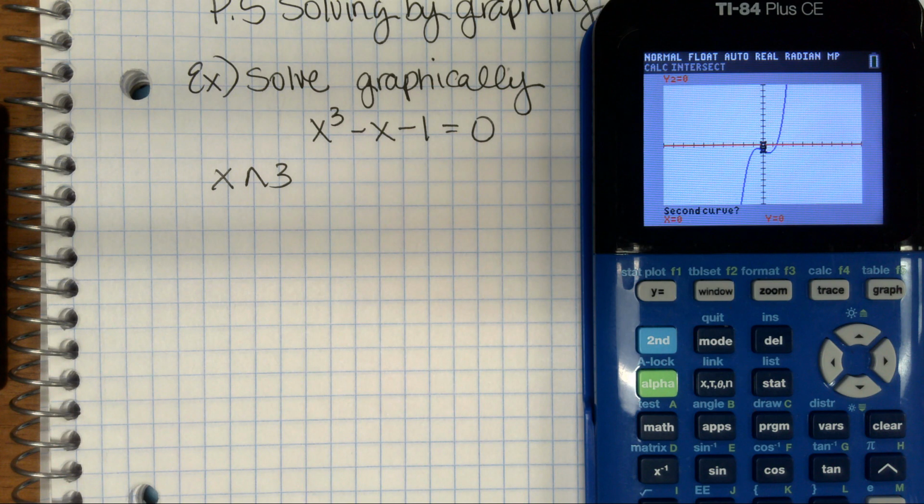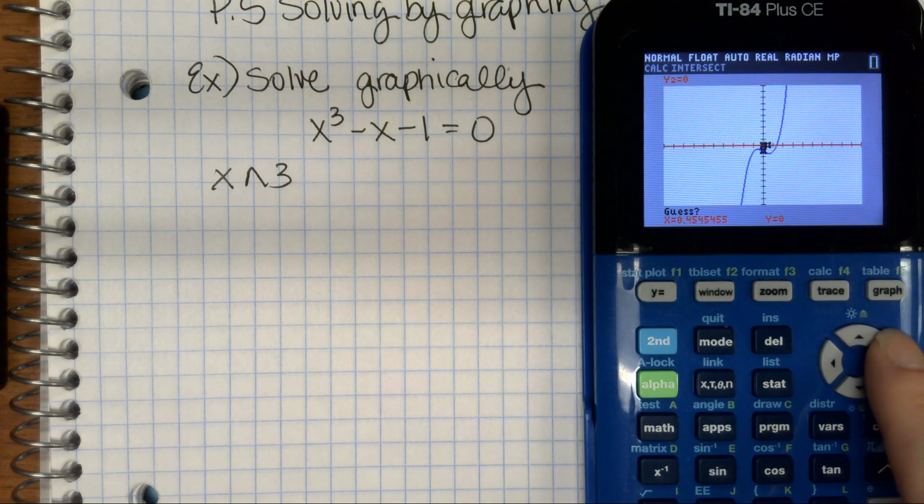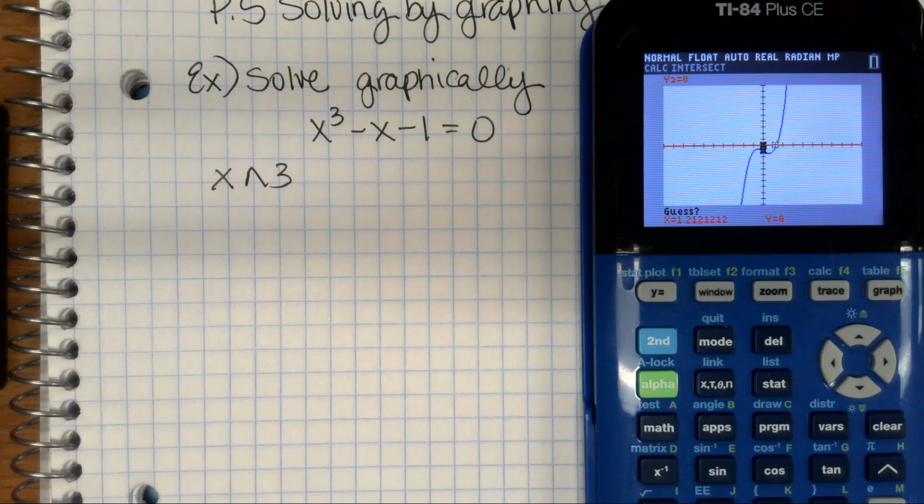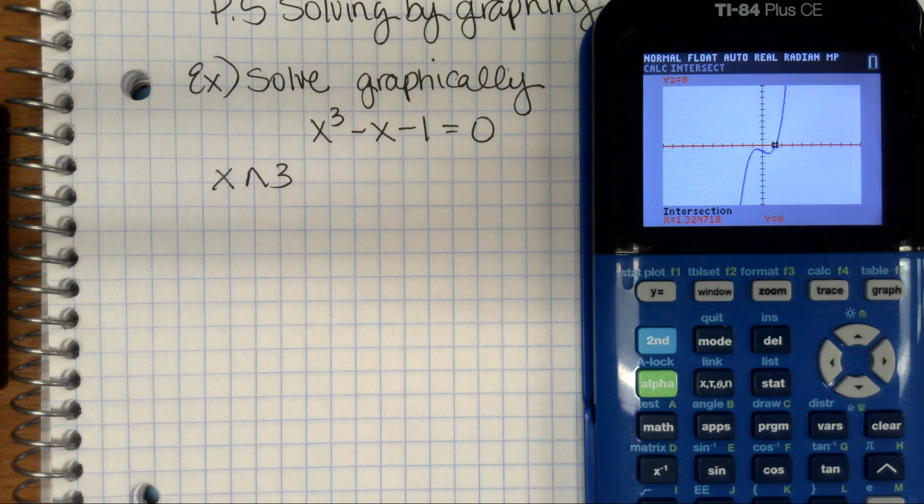It should automatically hop to that second curve. You don't need to do anything. You hit enter again. Now do you see a prompt that says guess? If you want, you can move your arrow to where about you think it is. But then you do need to hit enter a third time. You should get an intersection point now. Mine says 1.324718.